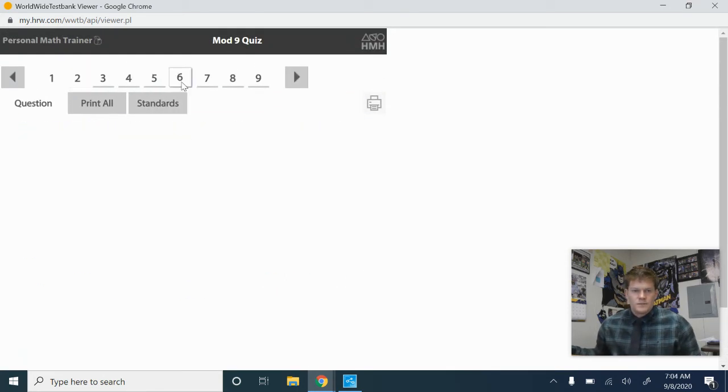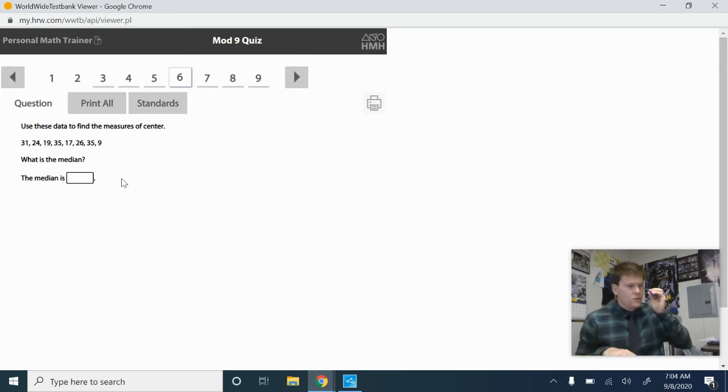Let's go to number 6. For number 6, we needed to find the median on this one. So for this one, we have to first put them in order. Let's see here. I have 31, 24, 19, 35, 17, 26, 35, and 9. Well, 9's the smallest. So I could cross that one out.